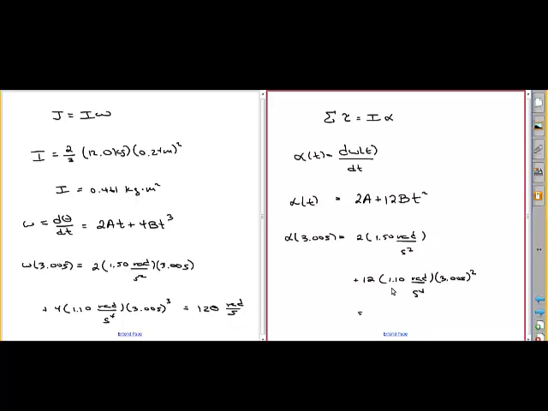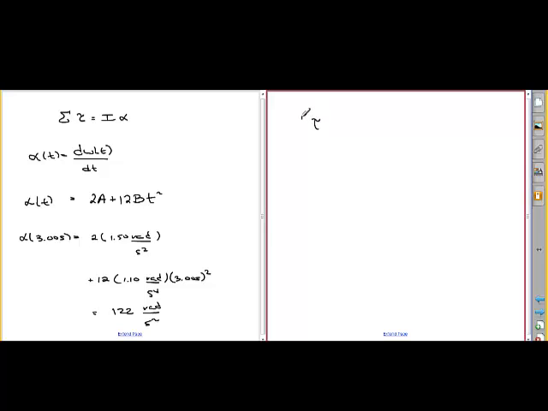Again, we get radians per second squared. Multiplying that up, 2 times 1.5 plus 12 times 1.1 times 3 squared, I get that alpha is 122 radians per second squared.